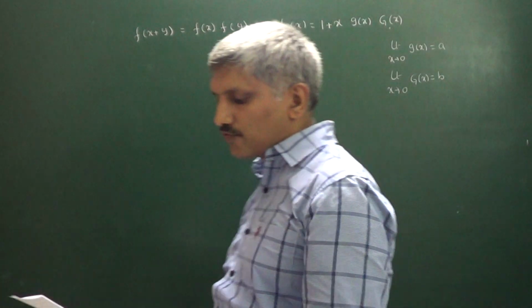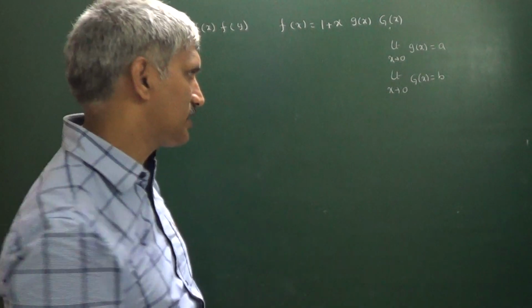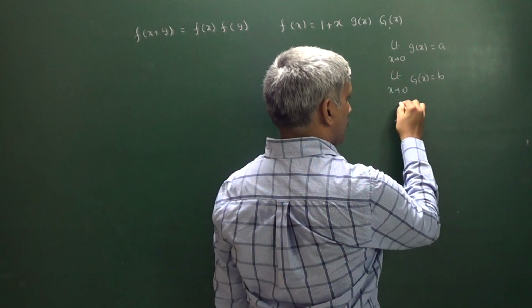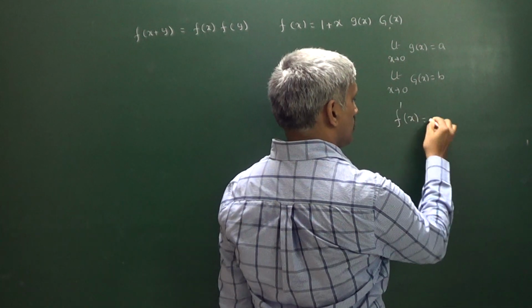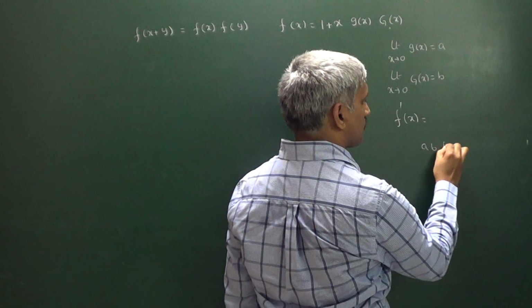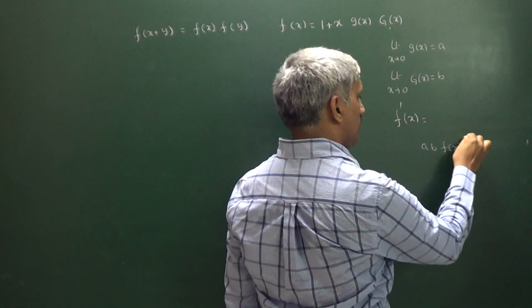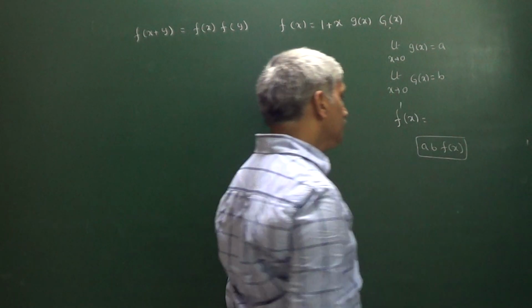Then he is asking to find f dash of x. The options are given in terms of a, b and f of x.